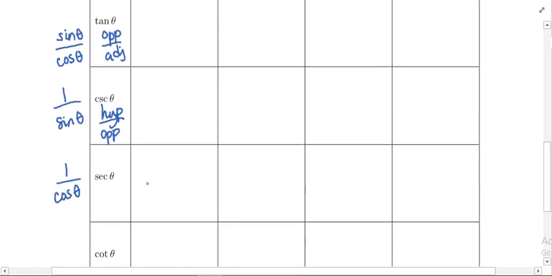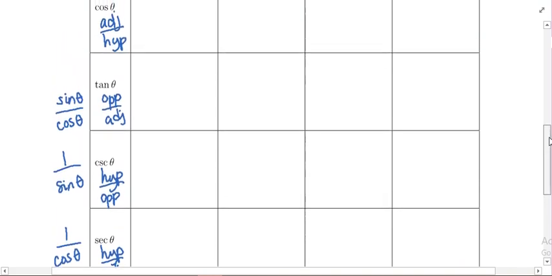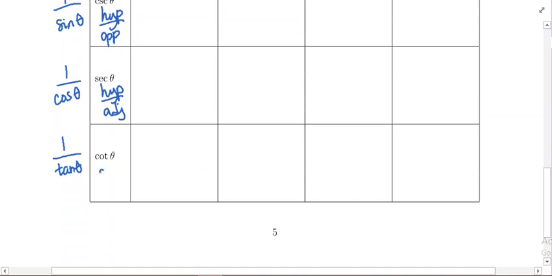Instead of adjacent over hypotenuse, it's hypotenuse over adjacent. And finally, cotangent is 1 over the tangent of the angle, so you just flip the tangent. Instead of opposite over adjacent, it's adjacent over opposite. So this is what we talked about in section 4.1.